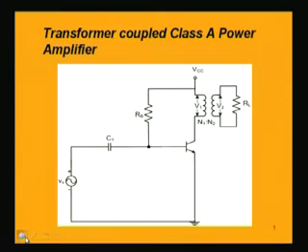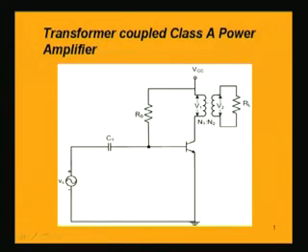So in view of that, we are going to use a transformer at the output side, that is, we couple the load to the amplifier through a transformer. That type of circuit is shown here, where we have a transformer with turns ratio N1 to N2 between the primary winding and the secondary winding.